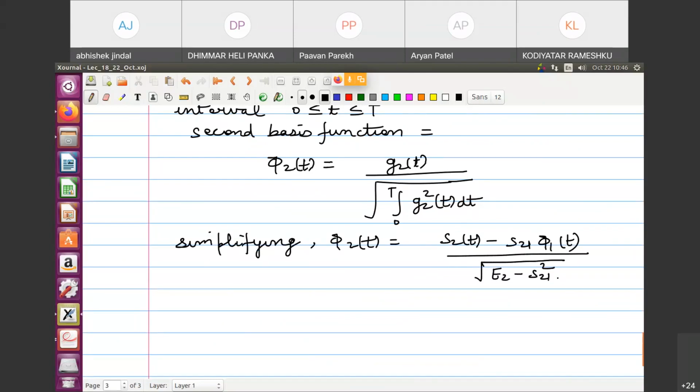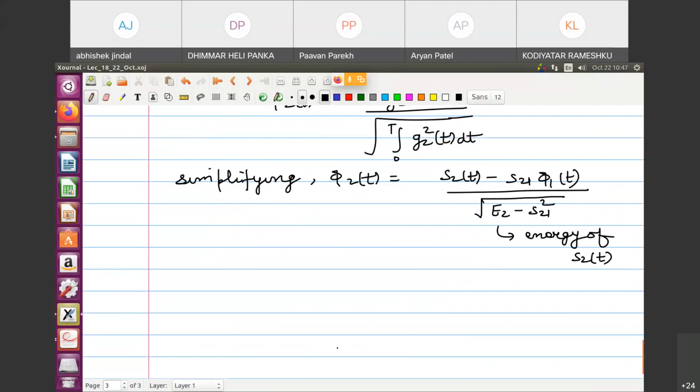What is E2? E2 is the energy of S2. So we just simply substitute the terms and solve. You will do this; I think this is homework, you have to do it yourself, quite easy to show.